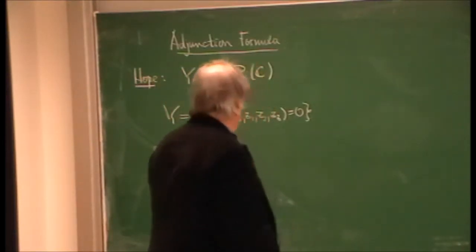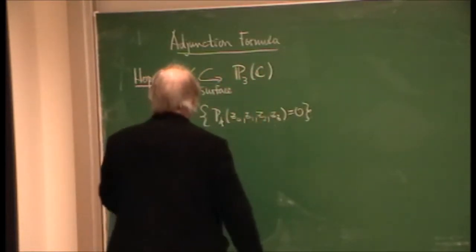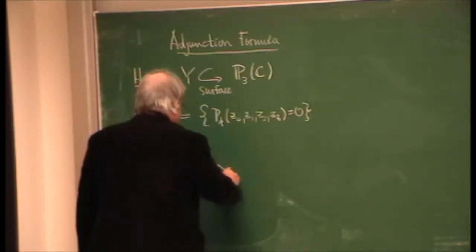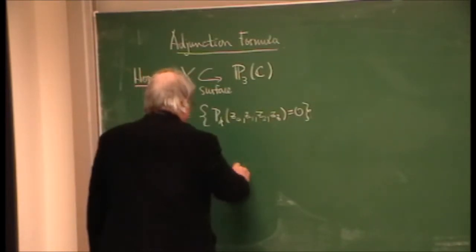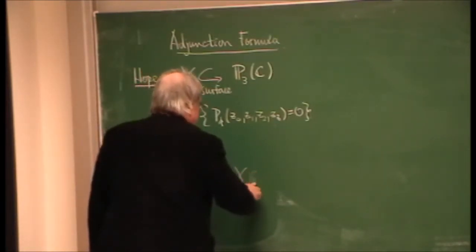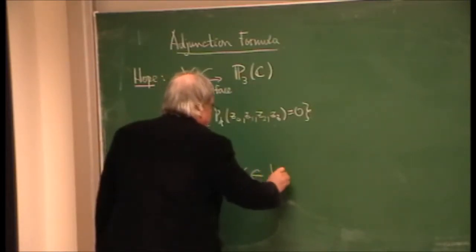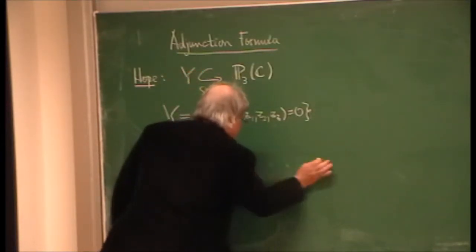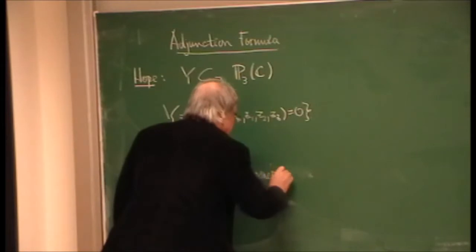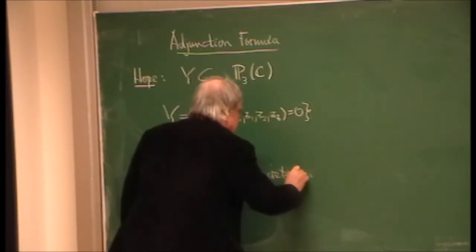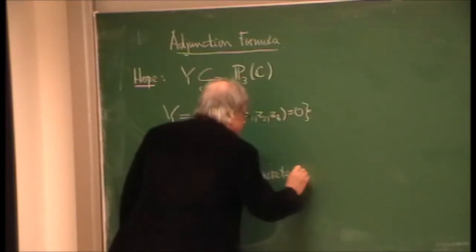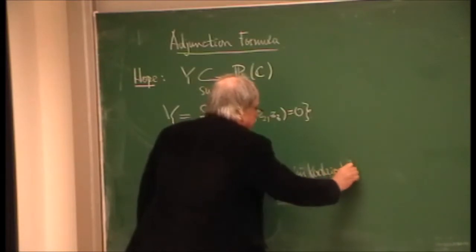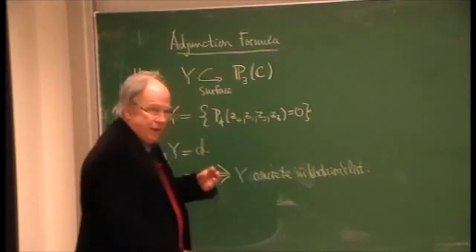Well, okay. So Y is a surface. So the hope is that you can say this implies that Y is something that you can understand in the Kodaira classification. Something concrete, in Kodaira's list.